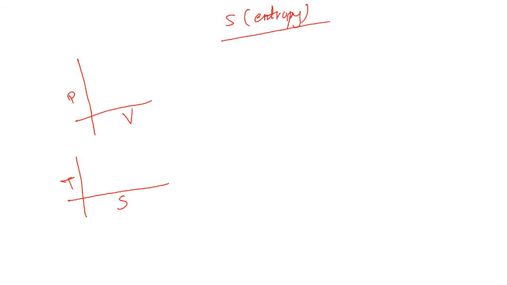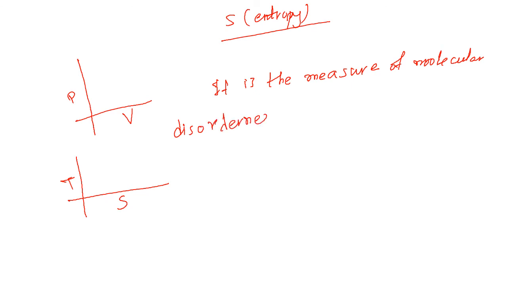What is entropy? Entropy is the measure of molecular disorderness or randomness.